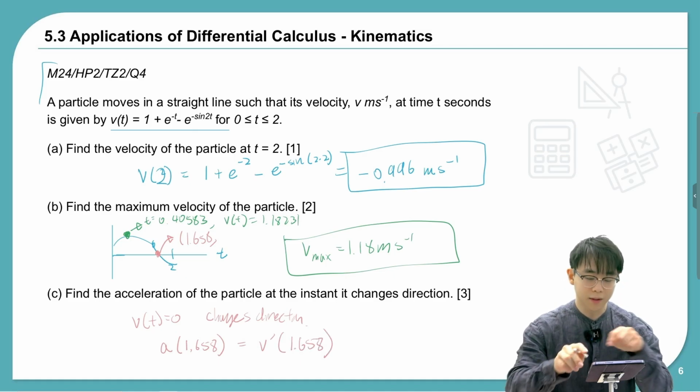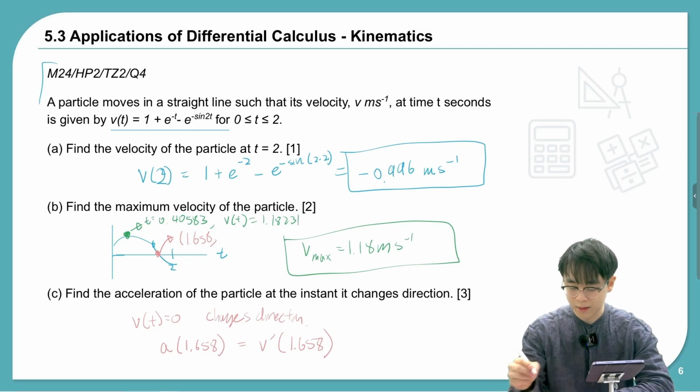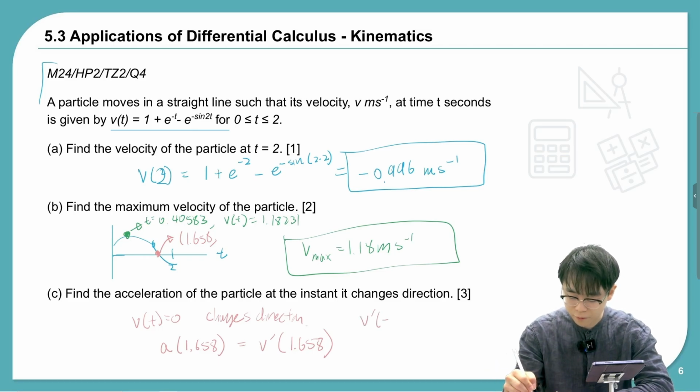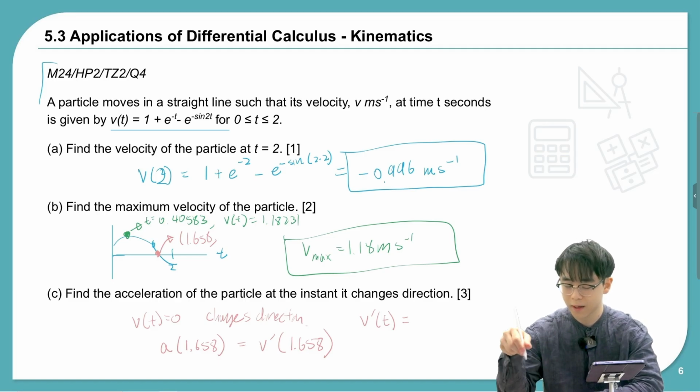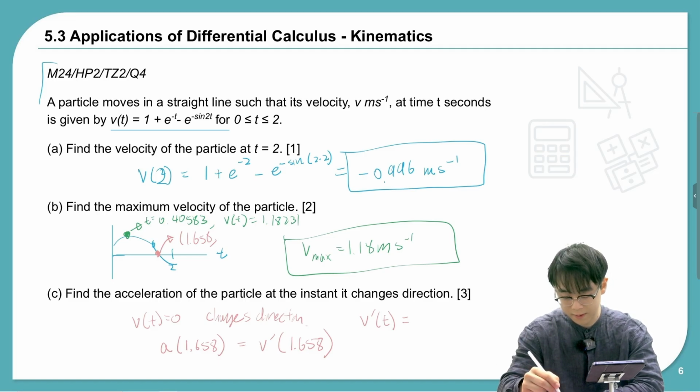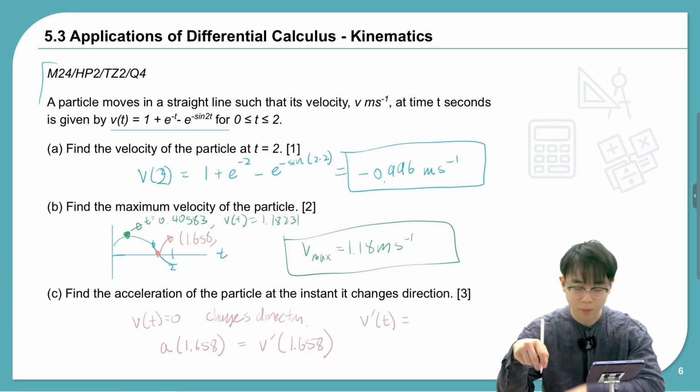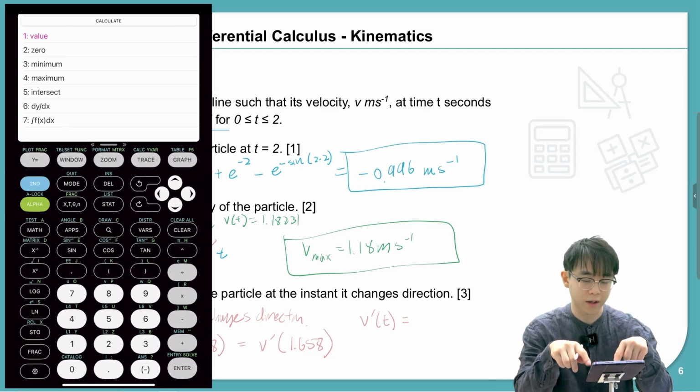Okay. So we could actually do this manually, find our expression for t. So v prime t, we could use our chain rule to find what we get and then plug in 1.658, or we could just use our calculator's function.